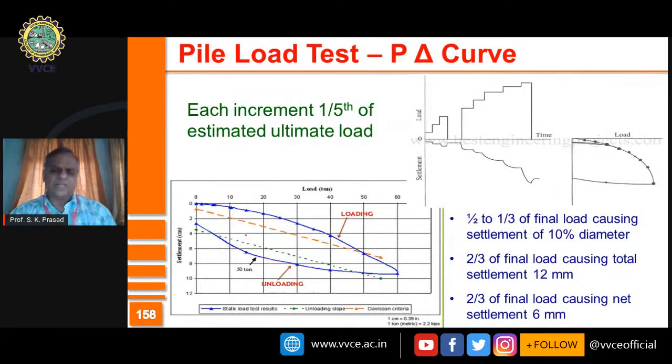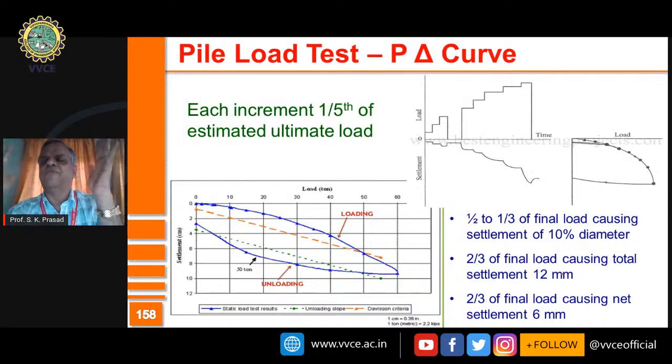So just like in plate load test, you plot the load settlement curve here also, and this is a typical load settlement curve upon loading, upon unloading, and you find out finally that the estimated load is half to one third of the final load, which causes settlement equal to 10% of the diameter of the pile.